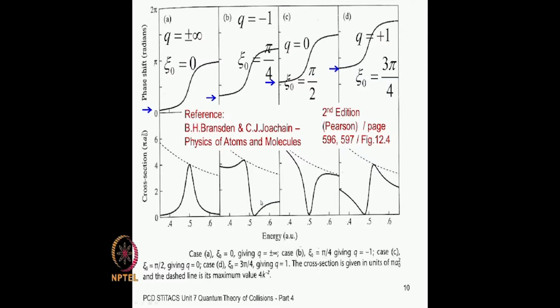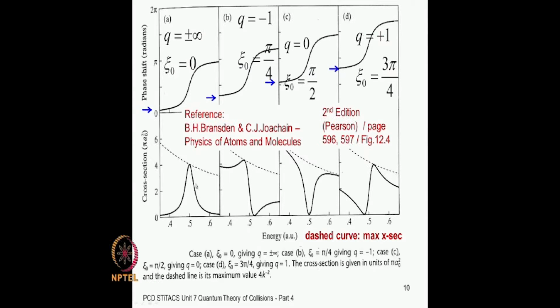And that is the reason it becomes very fruitful to analyze them in terms of what we call a shape parameter, which is the q, because they all have different q values. So let's look at these figures carefully, panel by panel. I will discuss each panel separately.